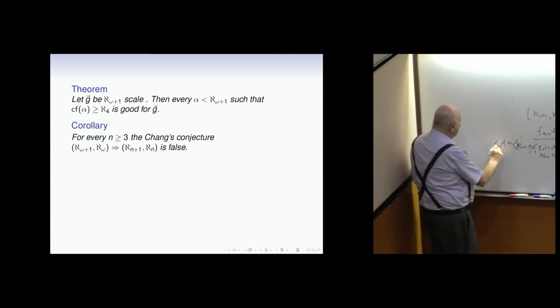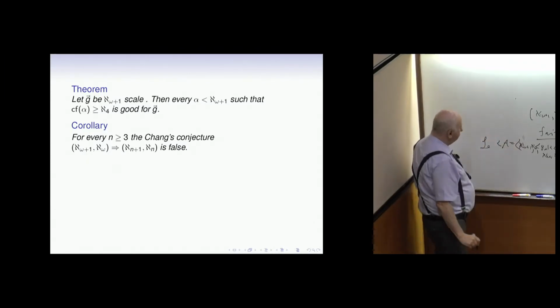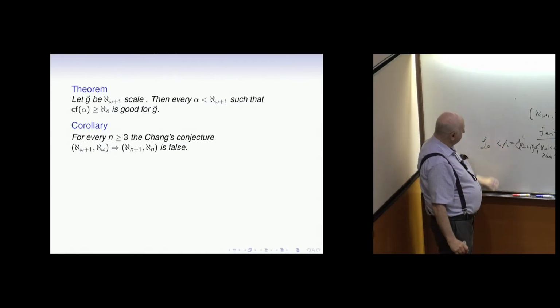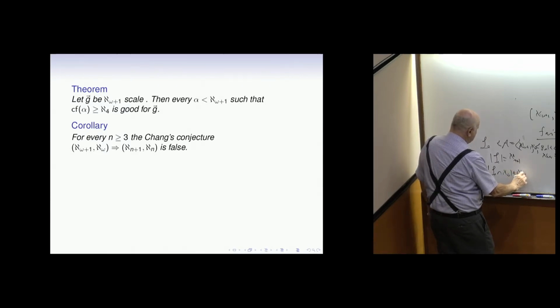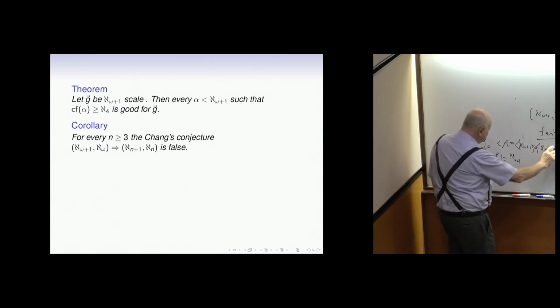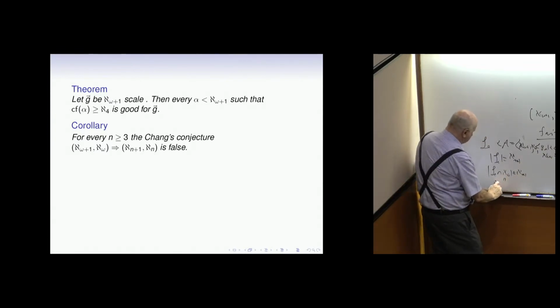Now, suppose that you have a B, which is an elementary substructure, whose cardinality of B is Aleph n plus 1, and the cardinality of B intersect Aleph Omega is less or equal Aleph n plus 1. But in that case, if you throw in enough set theory, it must be exactly the previous cardinal.